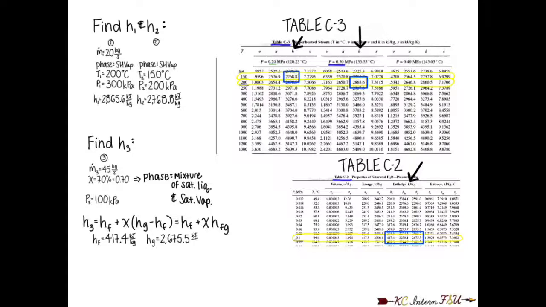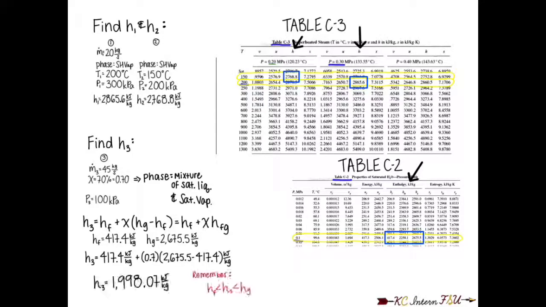Plugging in our values, we find that the enthalpy is equal to 1,998.07 kilojoules per kilogram. Also remember to double check that your found value is between HF and HG, which in this case it is.